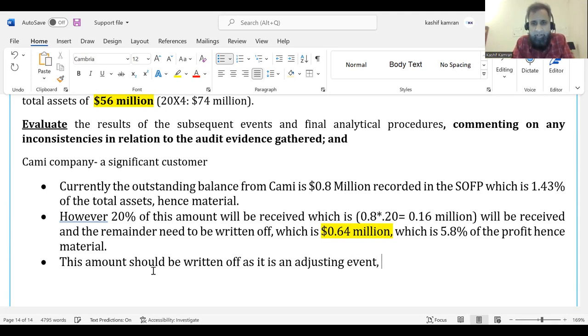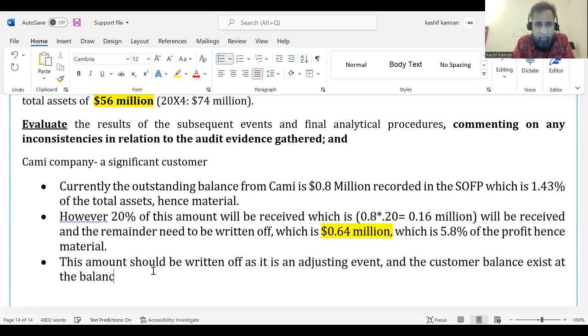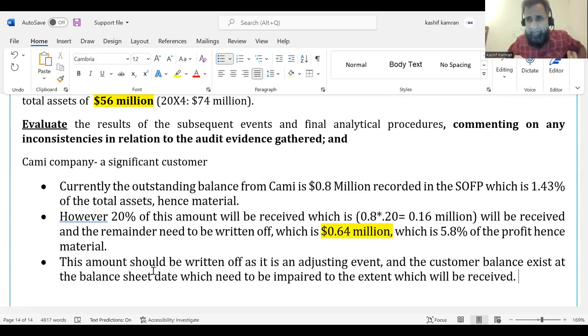It is an adjusting event, and the liquidation of the customer and the customer balance exists at the balance sheet date, which needs to be impaired to the extent which will be received. So you will only recognize in the balance sheet the 20% of the amount which is to be received. Rest you need to write off.